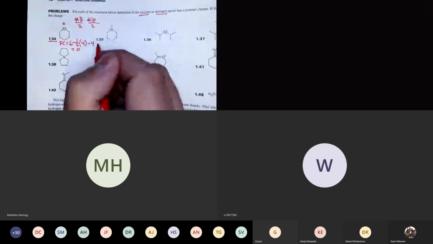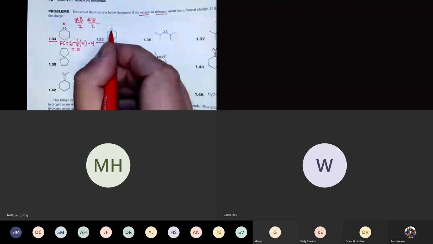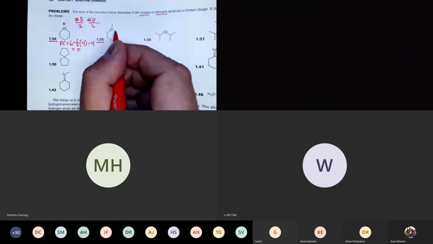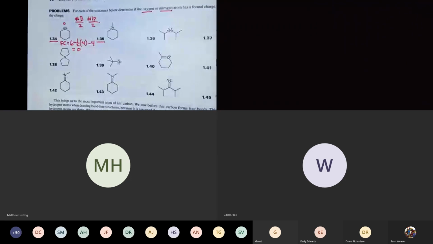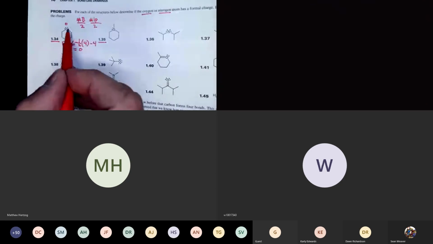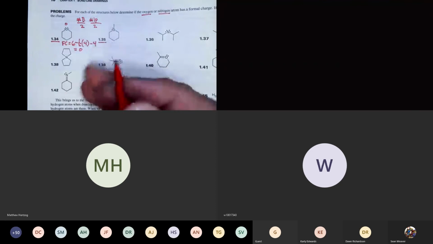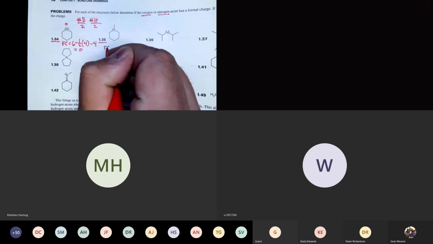What about 135? Now look at this oxygen. Does that look like its normal bonding pattern to you? It should not, because we said this is the normal bonding pattern: 2 bonds, 2 lone pairs. So how do we calculate formal charge?